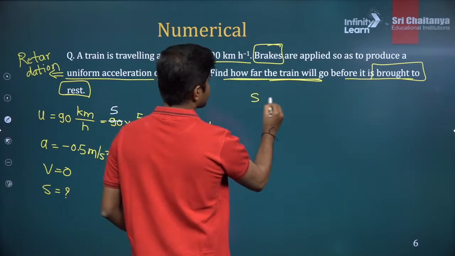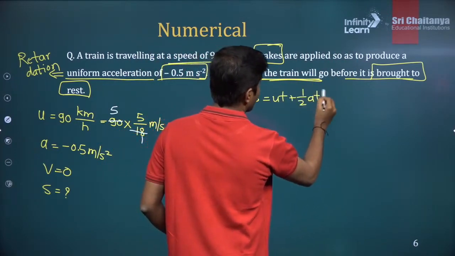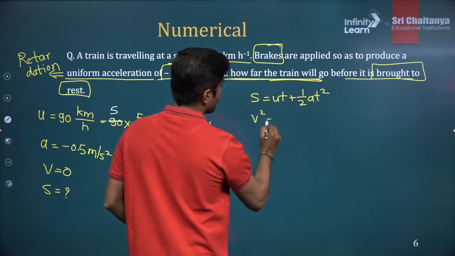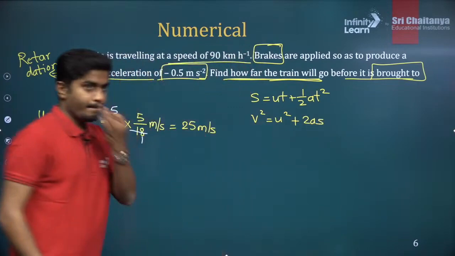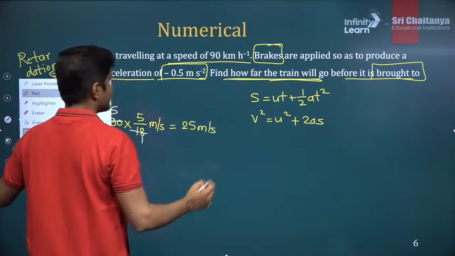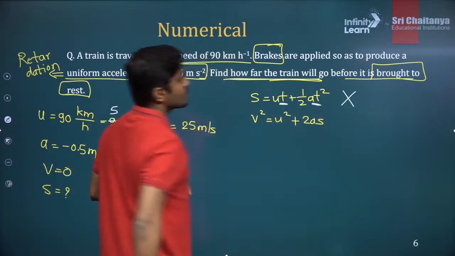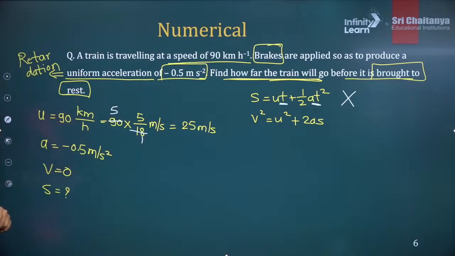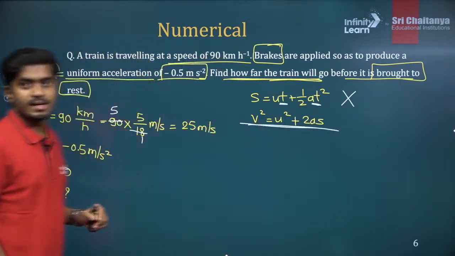This is the second equation, S is equal to ut plus half at square, and third equation is v square is equal to u square plus 2as. So in the second equation there is a time term. We don't know the time. So we cannot use the second equation.